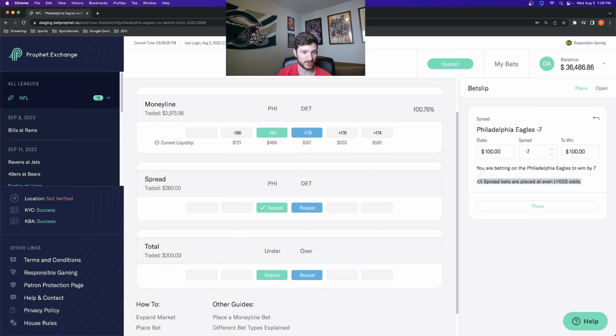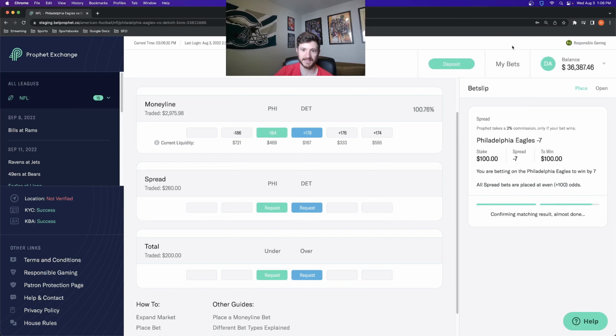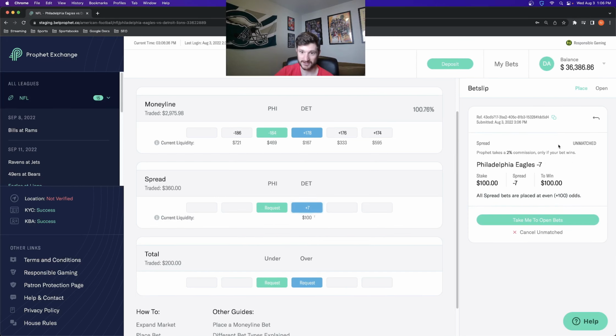What's kind of cool is there's no juice associated with it. If I click place, you'll see it get deducted up here. And again, it will be unmatched because there's nothing available. But we saw the plus 7 is now available on the Lions side, so someone could match this up to $100. So I have set the spread for the Lions and Eagles game currently at Eagles minus 7.